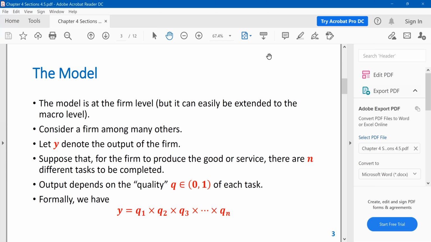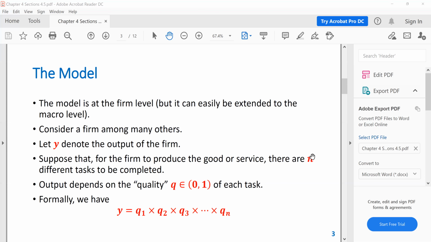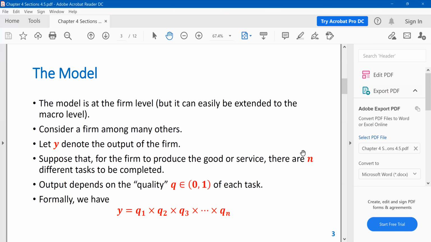And we assume that for this firm to produce the good or the service that it sells, there are n different tasks. Okay, and here is the number of tasks, the number of different tasks to be completed, to be achieved for the production to take place.